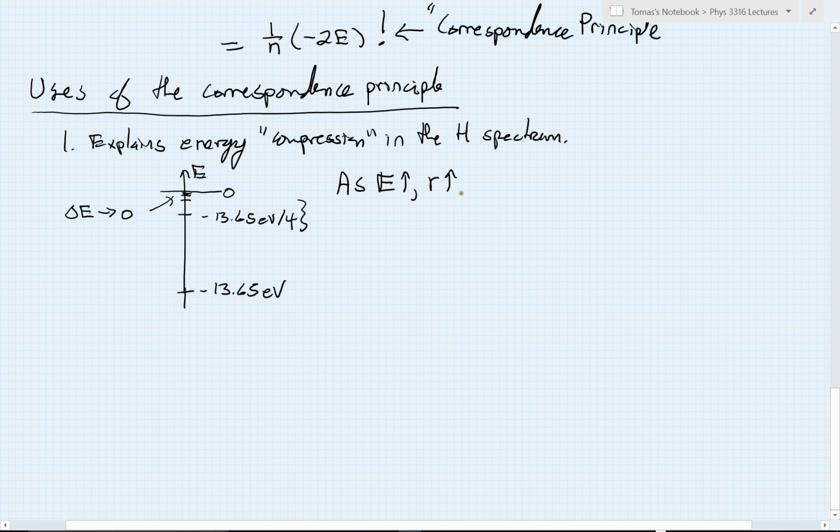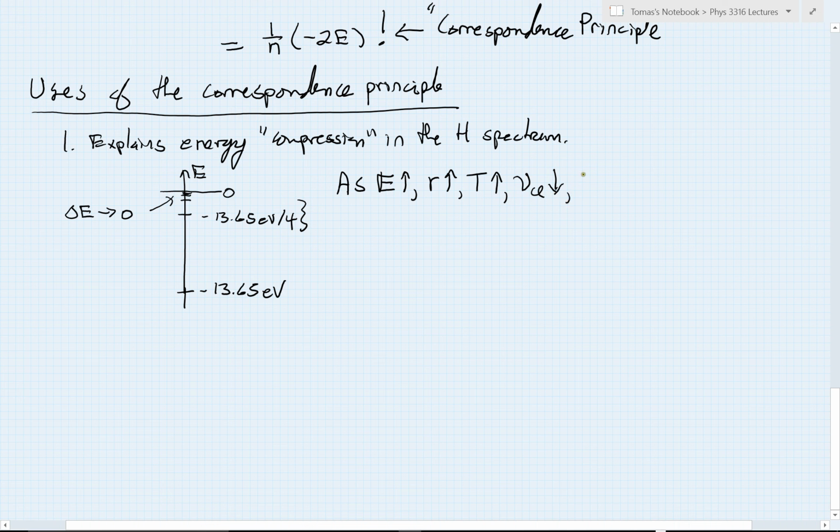Now, as the radius goes up in an orbital problem, we know that the period of those far out orbits actually gets longer. We know this, for instance, from orbital motions. Jupiter has a period of about 12 years, which is longer than the Earth year because it's further out from the sun. And of course, as the period increases, the frequency of the motion, the classical frequency, decreases.